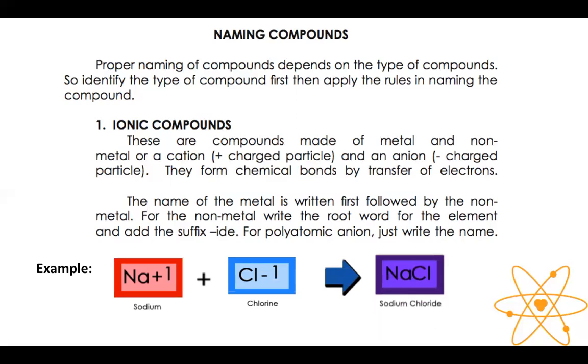So just imagine you didn't change the first name of the first element, which is your metal, still sodium, but you only change the last letters of your chlorine. So the suffix IDE, only that has changed.